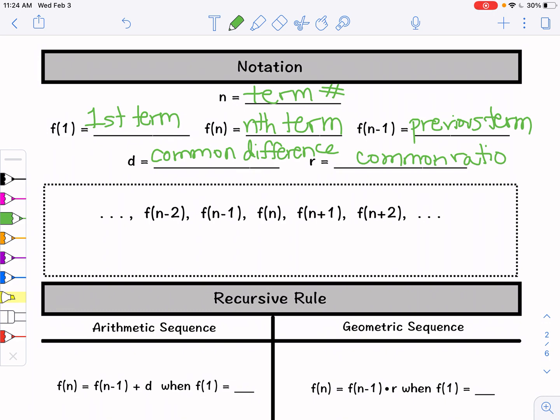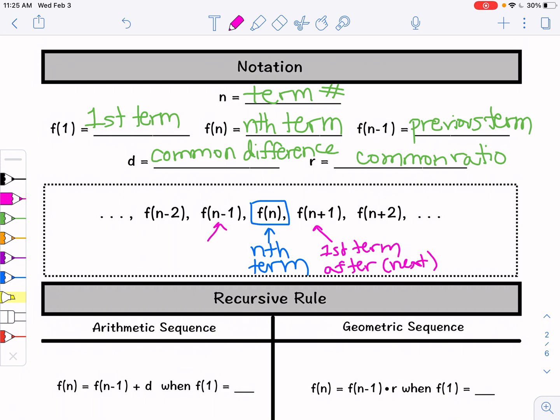So to go over this, f of n is our nth term. Now, f of n plus 1 is the one after, so it's the next term. So it's the first term after, or next.